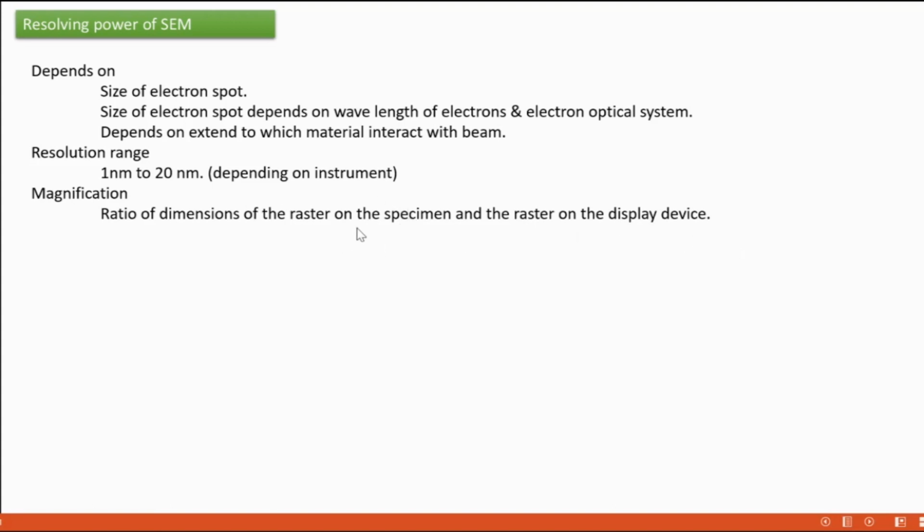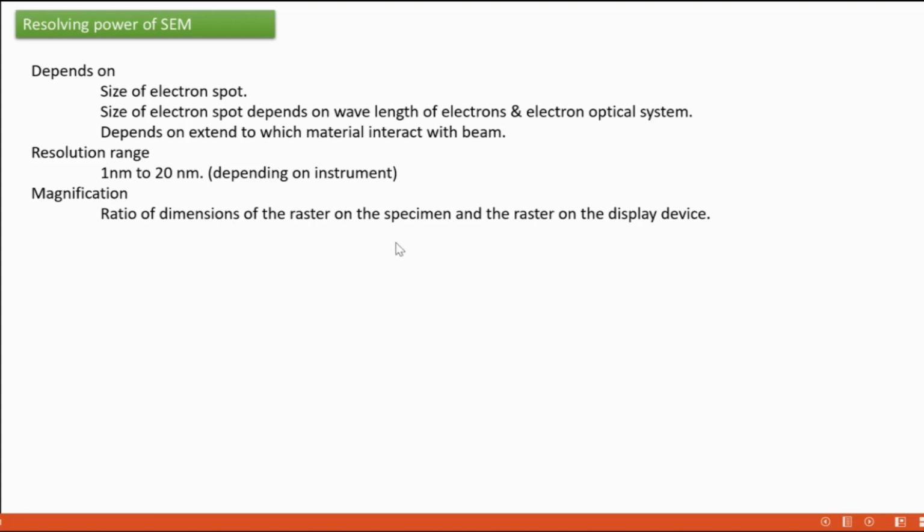Raster means the distance between two closely placed points on the specimen, and similarly the raster on the display device means the distance between two pixel units in the display unit. If the distance between two pixel points is bigger, that means we can obtain better magnification out of the specimen.